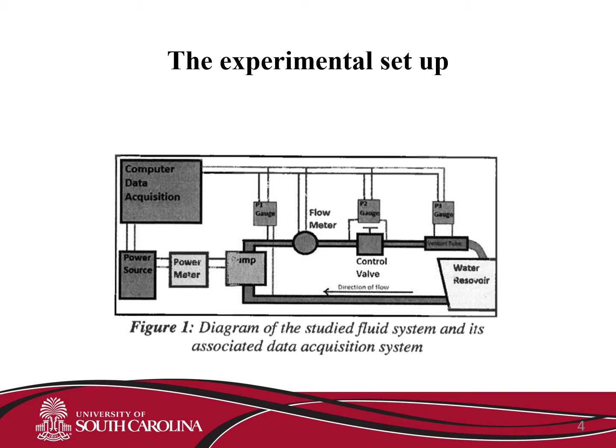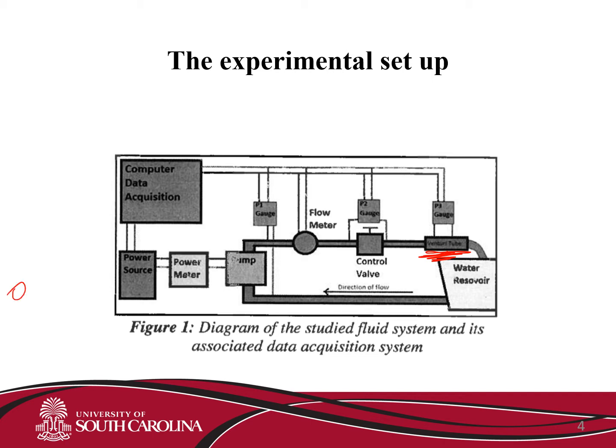Figure 1 shows the schematic of the experiment facility. The water flow loop is designed to supply a constant flow rate of water to the test section, which is the Venturi tube, at desired temperature and pressure. This is called an open system.